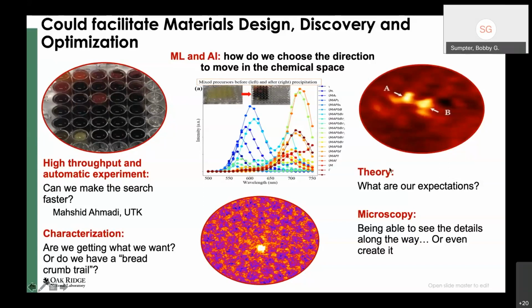Some of the expectations can be set by theory and modeling simulation, but they can also be guided by these artificial intelligence or machine learning tools, and to indicate which direction to go in that chemical space in order to get the property that you would like to get. So it's not a blind search anymore in the combinatorial space, which is basically infinite.